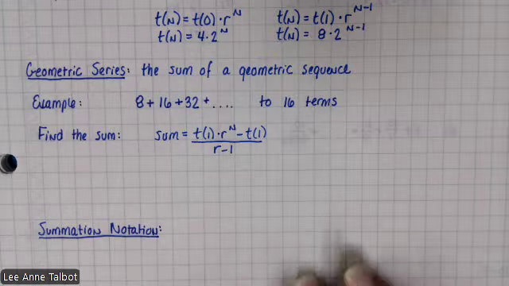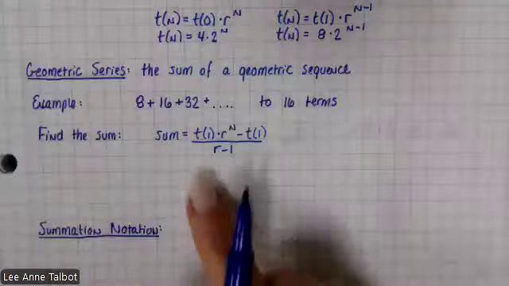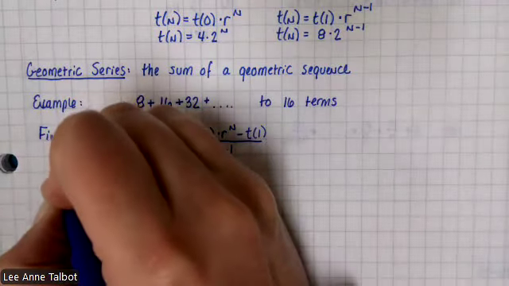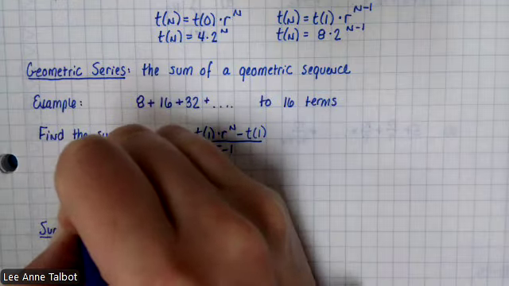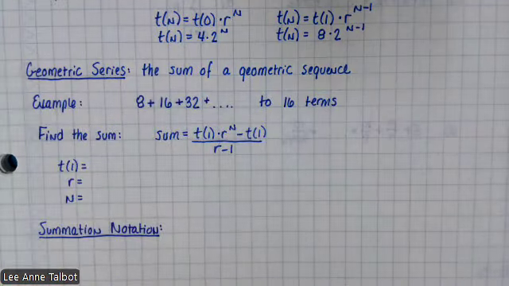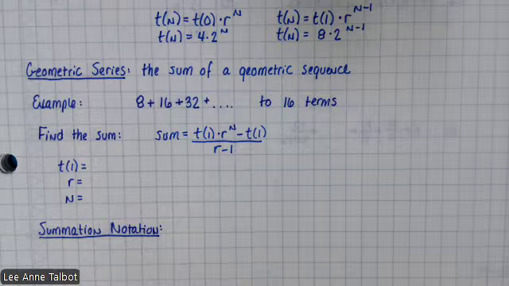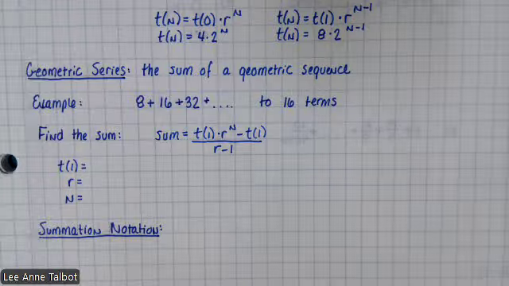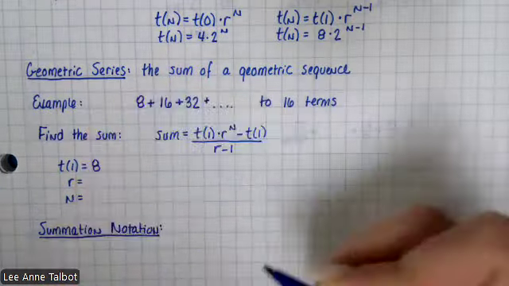Okay, and when I find the sum of a geometric, over on the side, I like to state what the three things are that I need to find the sum. First term, multiplier, number of terms. First term in this problem is 8.